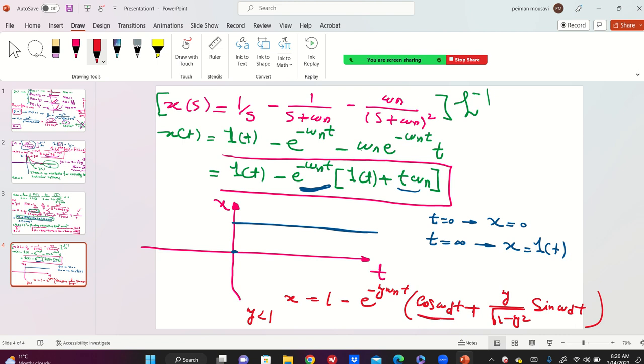In the transient term, we had harmonic terms.